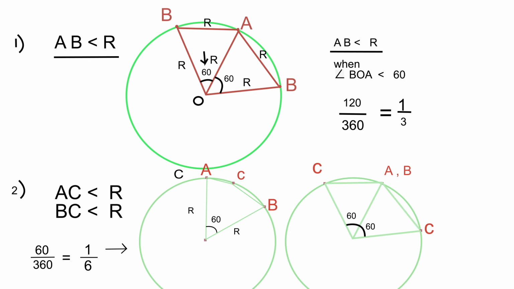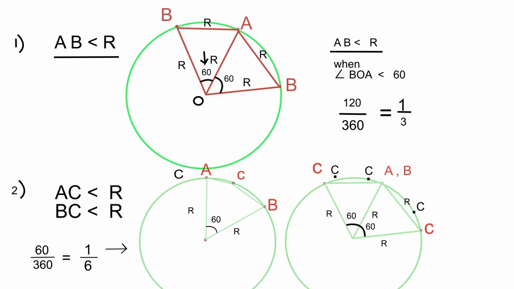Because at this point, if you notice, very similar to before, this is the radius, this is the radius, this is the radius. And if CA is also equal to R and AC or BC is also equal to R, these basically become equilateral triangles. So C can be here, but it most likely will be here or here or here.